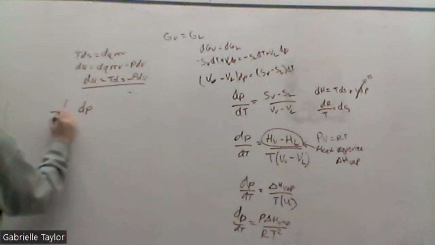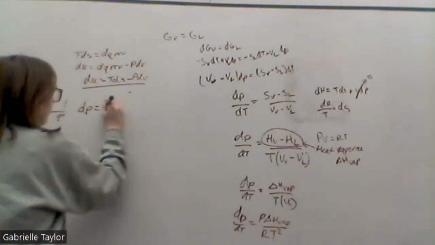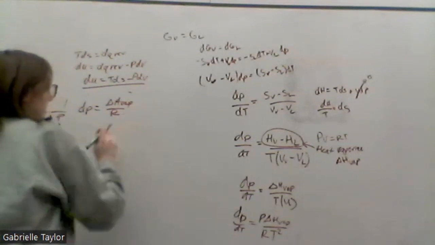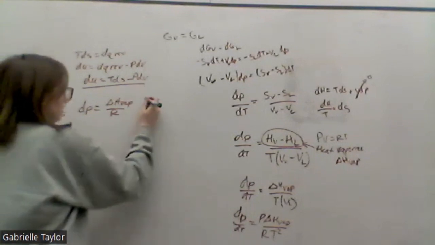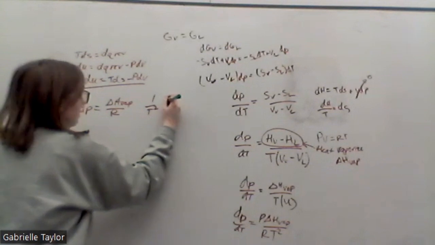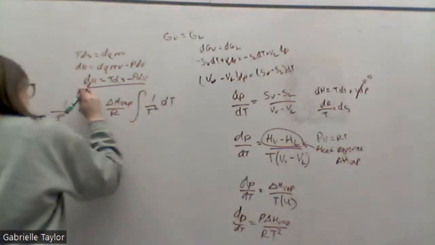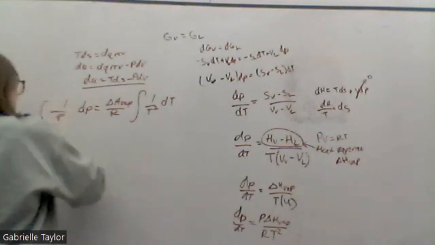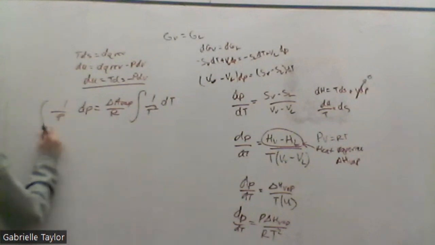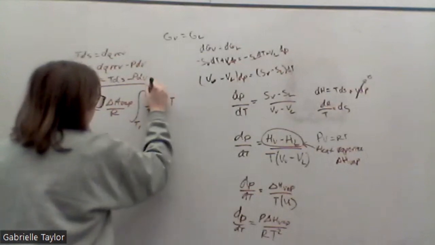So it'll be 1 over pressure dP equals delta H vap over R, and this is going to be our constant, and then we're going to have 1 over T squared dT. And then let's integrate on both sides. So this is going to go from P1 to P2, and this is going to go from T1 to T2.